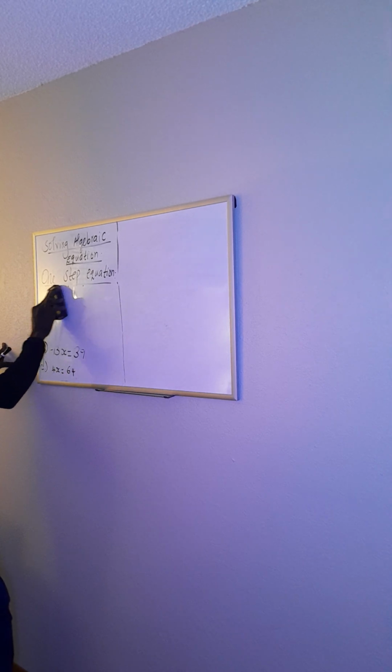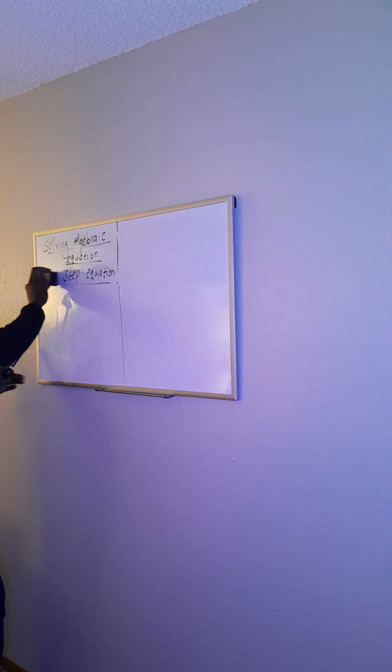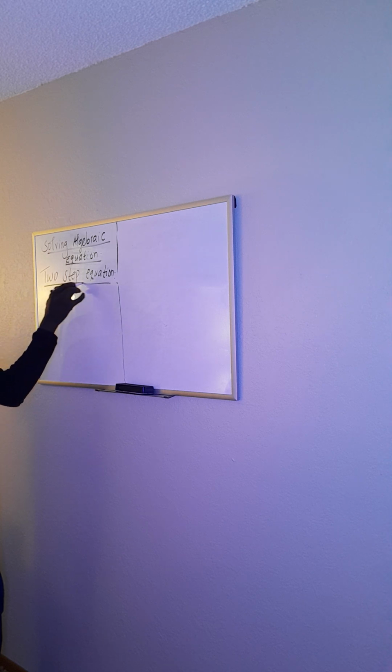So I want us to look at two-step equation, solving algebraic two-step equation, and see what is involved compared to when you're solving a one-step equation. So two-step equation, I'll start by just looking at examples. It simply means you move more than one step for you to get the answer.